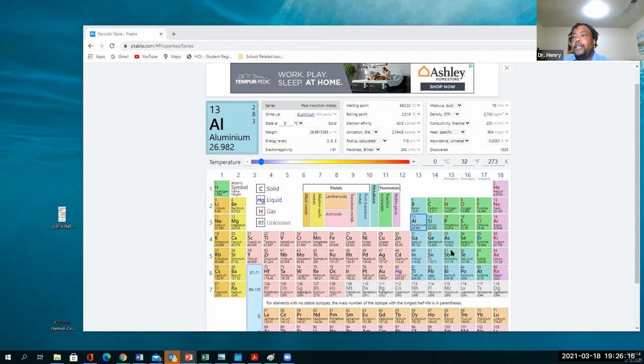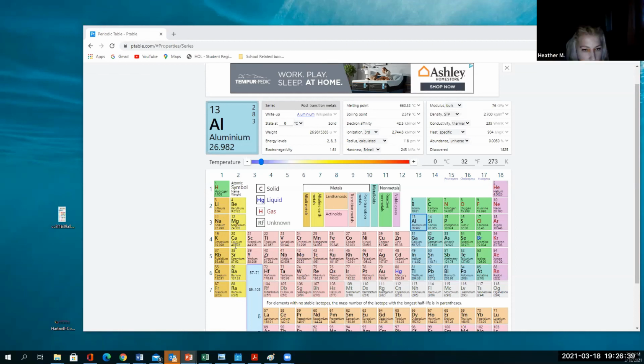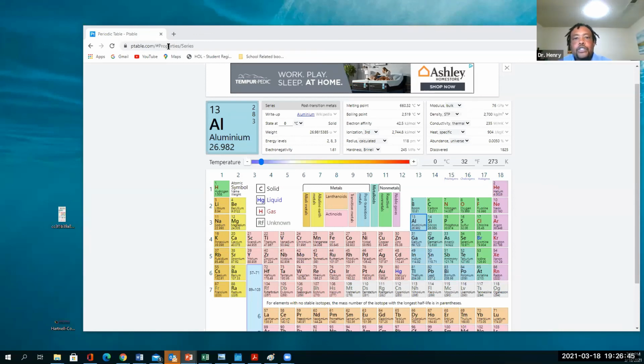Who's going to behave like silicon? Carbon. Like aluminum? Boron. Like strontium? Calcium. It can be any in that same group. Groups are like chemical families.